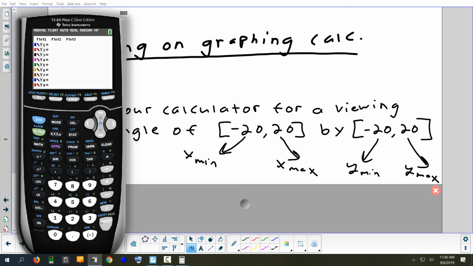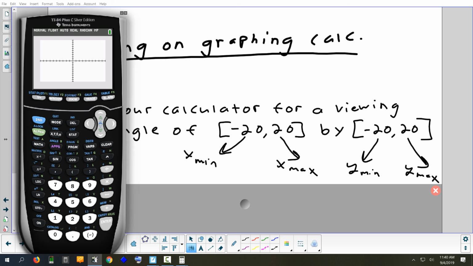My plots weren't highlighted, but it showed like arcs. So if you had a picture, you probably had something typed in there, maybe something like that. So that's just a line. But if you saw something on the screen, like a curve or something, you can just press the y equals and then press clear. So between clearing the screen of those graphs and turning off the plot, you shouldn't have anything on your screen now.